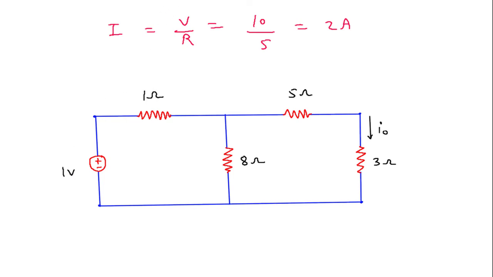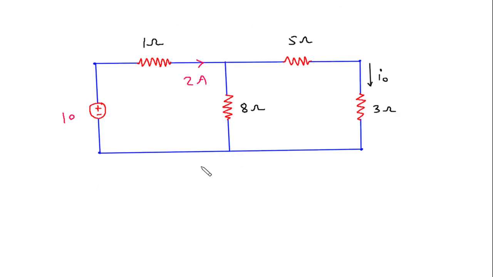Now this is 10 volt and this current is 2 ampere. Now we have to find I0. So apply the current division rule.